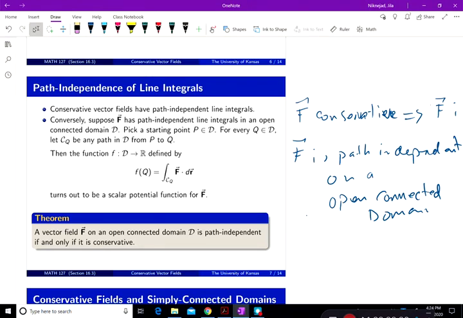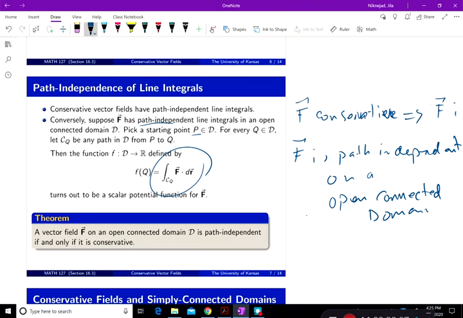If F is path independent, then from any point P to any point Q, basically you fix your starting point P, and then for every point Q in the domain, you are going to be able to find a path from P to Q. Then if you do the line integral of that path, that gives you the potential function at point Q. So fix P. Again, potential functions can differ by a constant, so fixing P is not going to make a whole lot of difference.